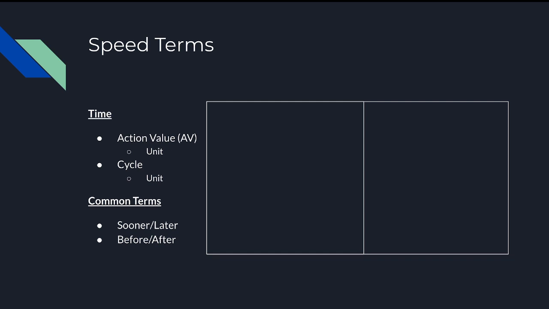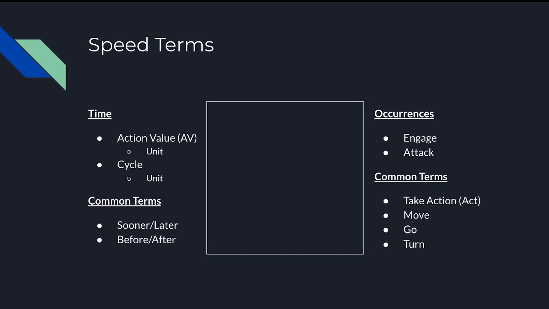So, common terms you would use is it's coming up sooner, later, he's going before or after for an order. So, during that time, you can take occurrences. Something happens. These are the actions you can take. So, you can engage them, you can attack them. So the common terms are you act, you move, you go, it's your turn.